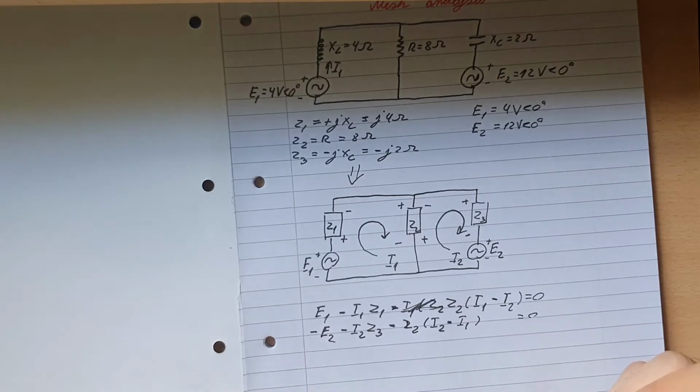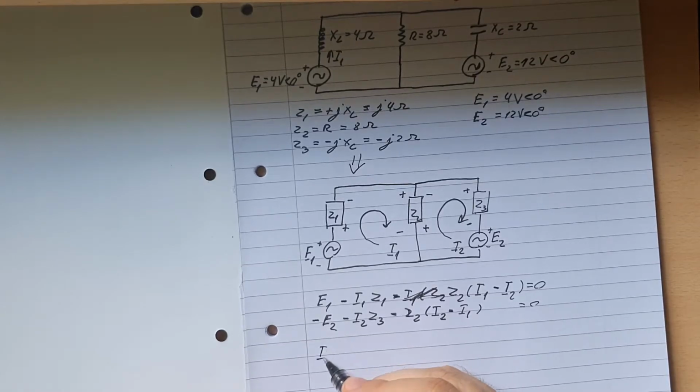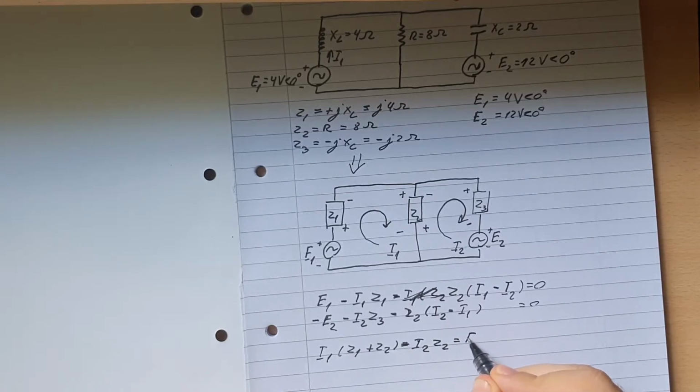Now we can rewrite and rearrange it like this. We can say that I1 Z1 plus Z2 minus I2 Z2 is equal with E1.